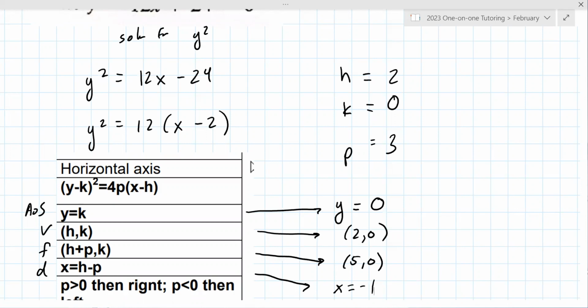Take your time. There's no rush here. It opens to the left, right?